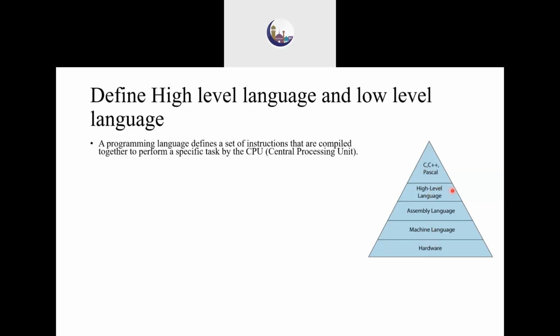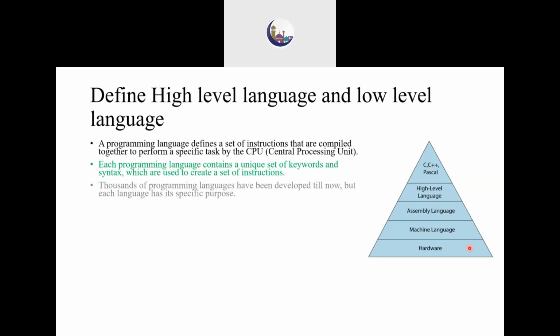We will convert this high level language into an intermediary language, which will contain some ones and zeros as well as some English wordings. That intermediary language is nothing but assembly language. Later on, this assembly language will be completely converted into ones and zeros, and these ones and zeros will be directly understood by the underlying hardware. So a programming language contains a unique set of keywords and syntaxes.